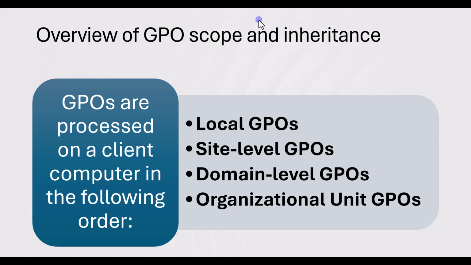So if a user moves from location A to location B and joins that location, then the group policy in that location will affect it. As they move to different locations, they'll be affected by different group policies that are in those locations.